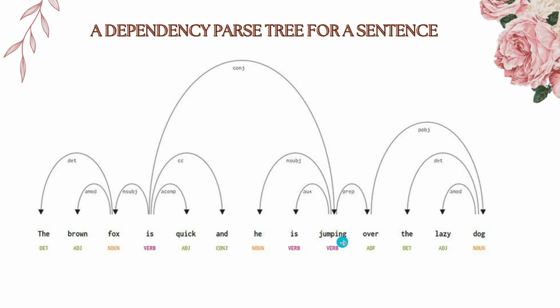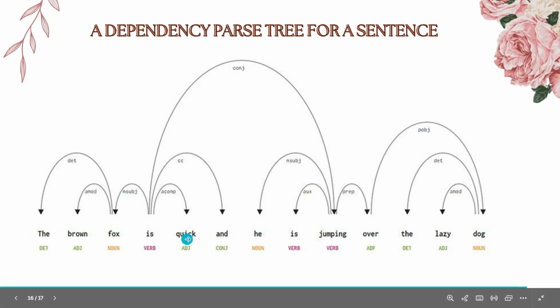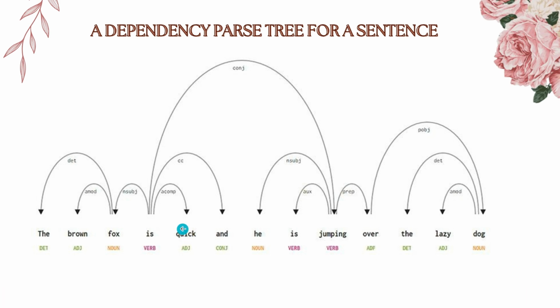Then the next dependency tag is ACOMP, which stands for adjective complement. In this example, is to quick has the dependency of ACOMP. Then the next dependency is PREP, the prepositional modifier. Here jumping to over has the PREP dependency.